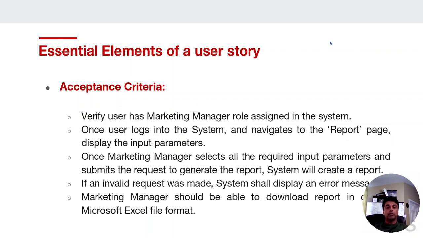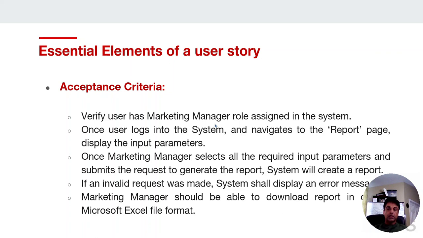Now, the most important part of a story is your acceptance criteria. That's where the actual requirements are captured and verified. Now, if you don't have a good acceptance criteria, that means your story is not complete.